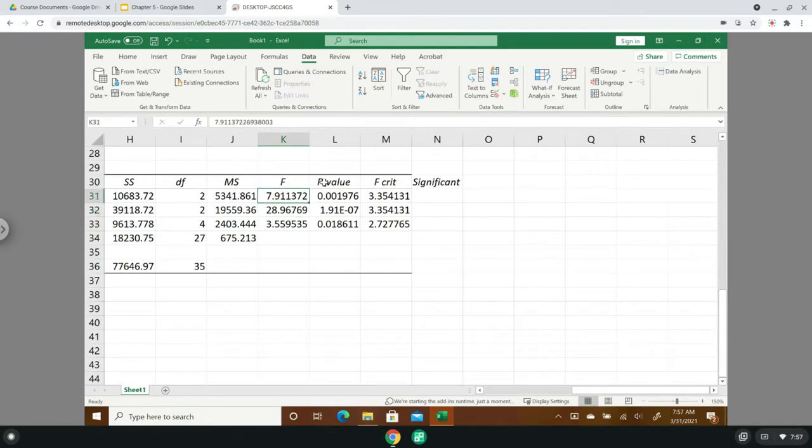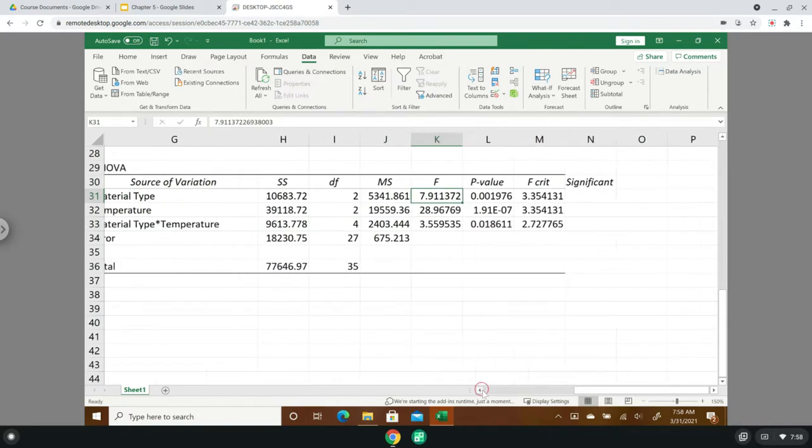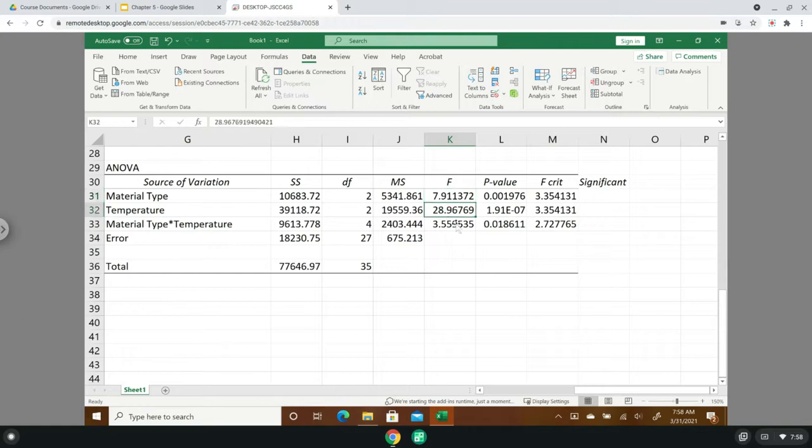Yes, our F value is higher than F critical. That means material type is a significant factor. How about temperature? The F value is also higher than the F critical value for the temperature. So yes, temperature is a significant factor when it comes to the battery life.